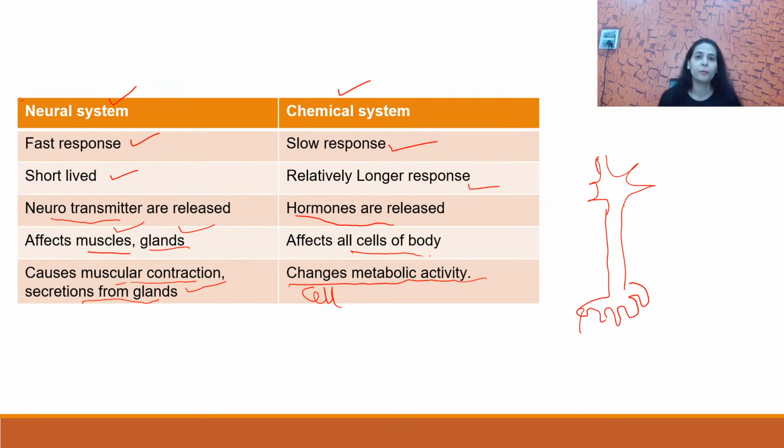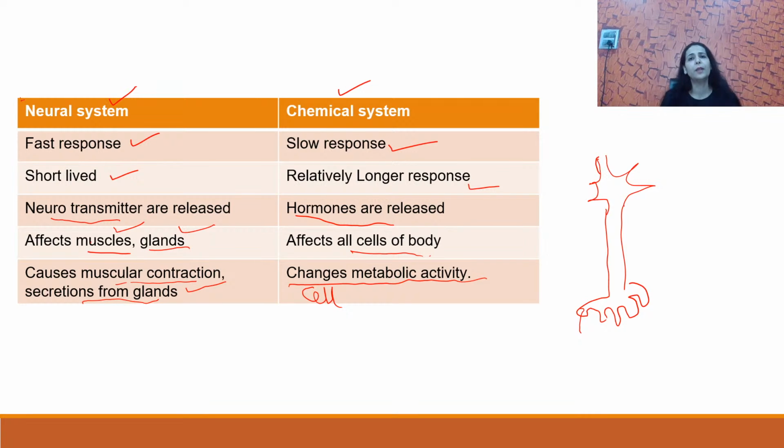Have you all followed? You have both the chapters in your syllabus, neural and chemical. Neural talks about neurons, chemical talks about hormones. Neural talks about the fast response, chemical talks about the slow response. In case of neural, it is short-lived. In case of chemical, the response is long-lived.